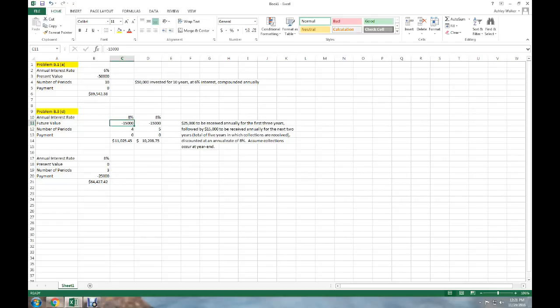The future value is still $15,000, but we want to know what that $15,000 is worth in 4 years, because look, you're receiving $25,000 for the first 3 years. So that means you're going to get $15,000 in year 4. So we want to know what that $15,000 is worth today. That $15,000 received at the end of year 4 is actually worth $11,025 today.